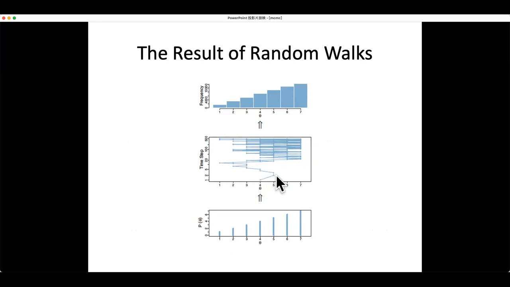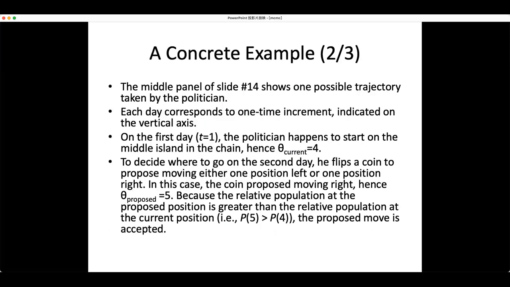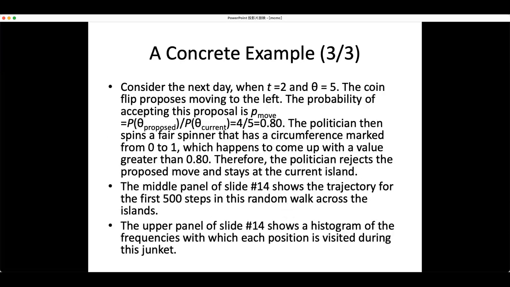So he definitely moves here. Then on the second day, when t is 2 and theta is 5, where theta means where the politician is located, the coin flip proposes a move to the left.